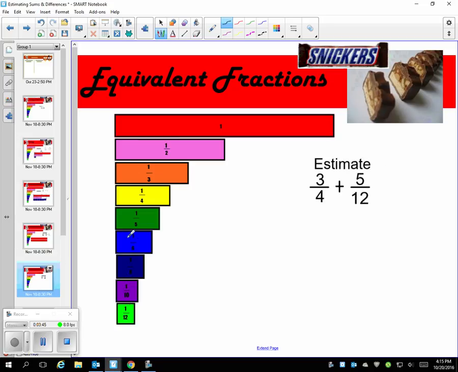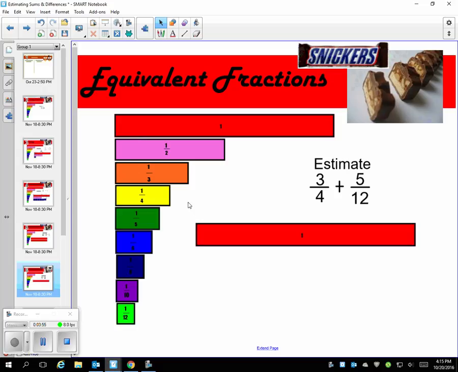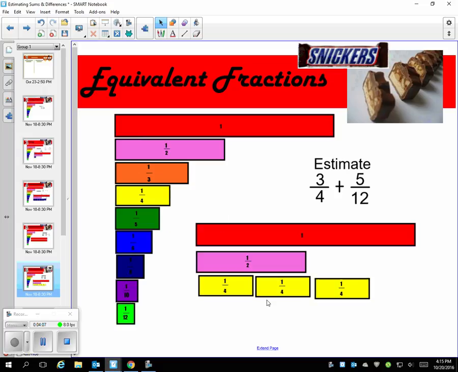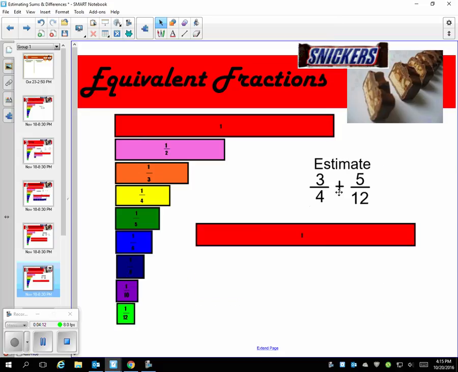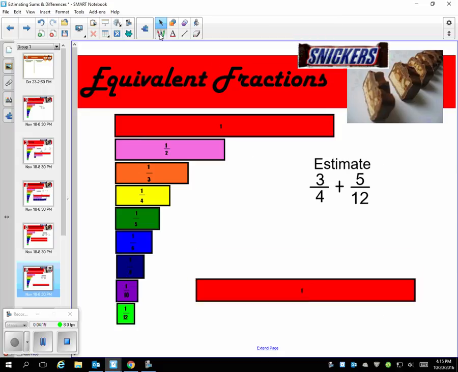Right now you're not writing anything down, you're just modeling. All right, 3/4. All right, let's estimate. Is that closer to 0, to a half, or to a whole? Well, 4/4 is 1 whole, so 3/4, it's more than half. You can actually just look. 1, 2, 3. Look, it's more than a half. So we're going to estimate that 3/4 is close to 1 whole plus 5/12.